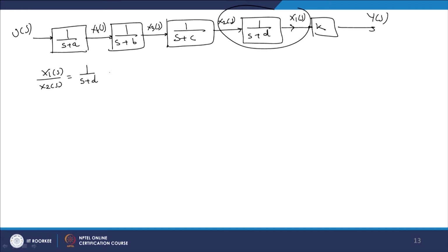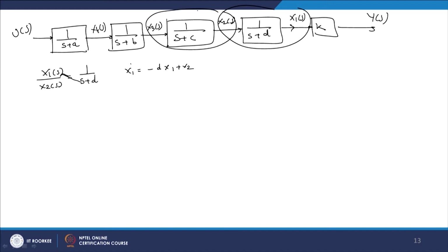Now you cross multiply it, then take its inverse. What will we get? We will get x1 dot equal to minus d into x1 plus x2. See here, x1 dot plus d into x1, so when we take it to the right side, it becomes minus d x1 plus x2. Now about this block.